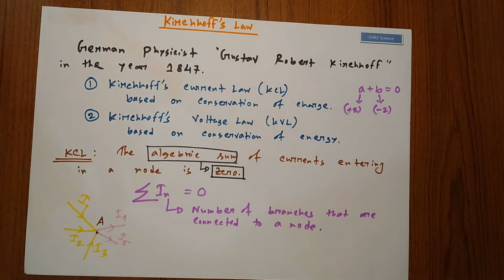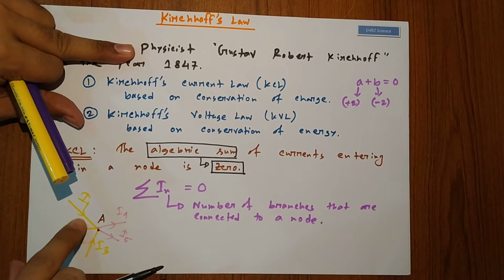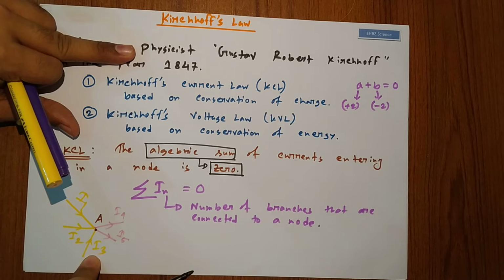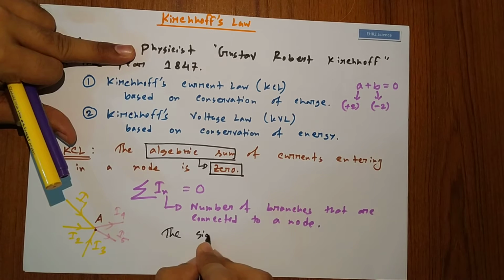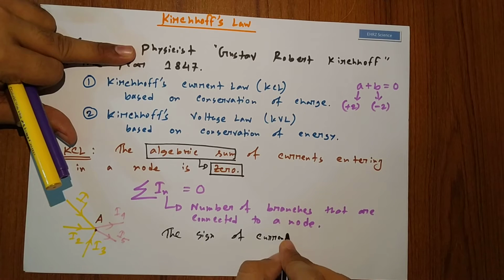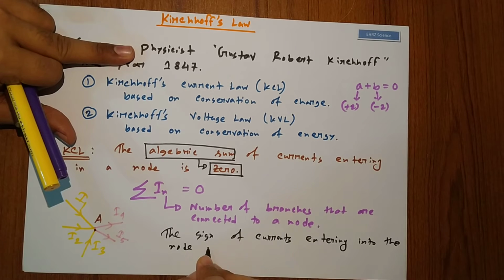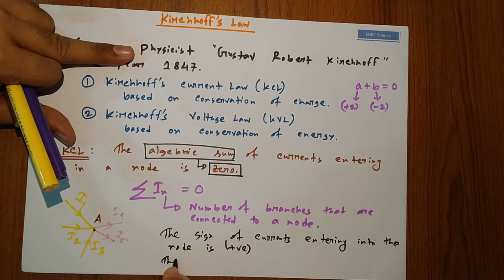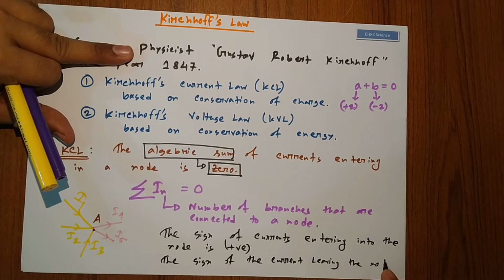In Kirchhoff's current law, we are considering the sign of currents entering into the node is positive, and the sign of the currents leaving the node is negative.